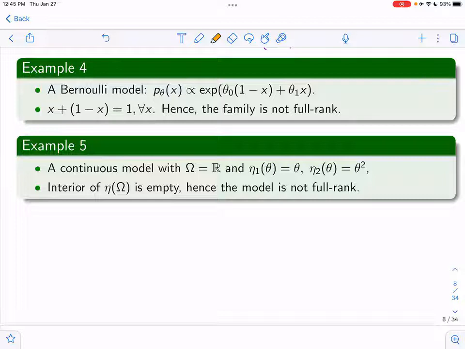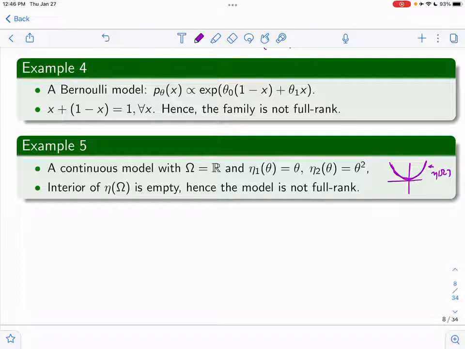The image of omega in this case would be like a parabola in R2, this would be the image of omega, and so this fails that condition.